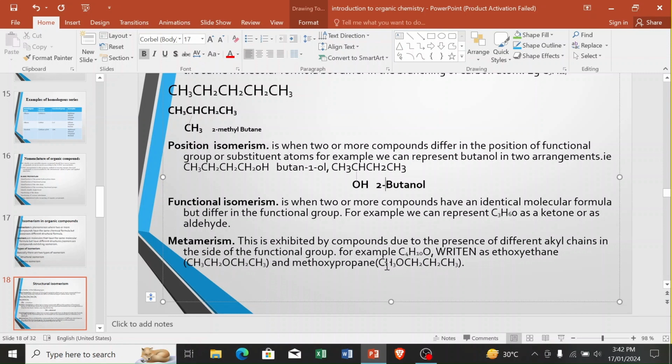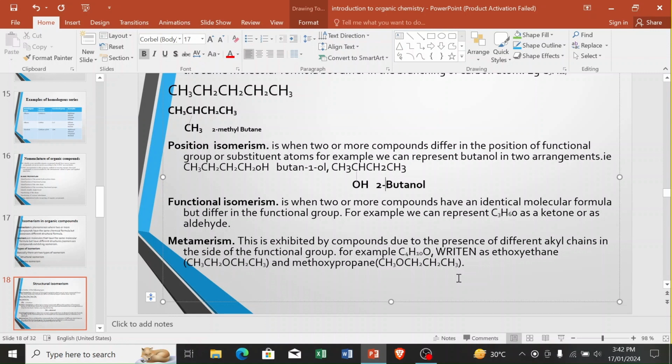And then this becomes the branch. For the branch, we take the meth or eth and then add the word oxy for the oxygen. For example, for this we have said ethoxy because these are two carbon atoms representing eth, oxy is for the oxygen, and then ethane: ethoxyethane. This one is methoxypropane. That is metamerism.